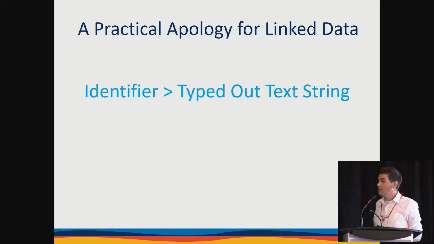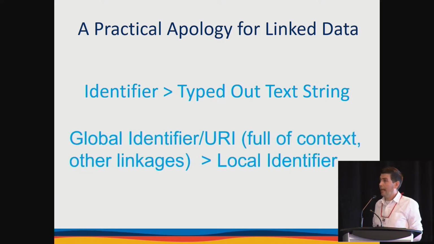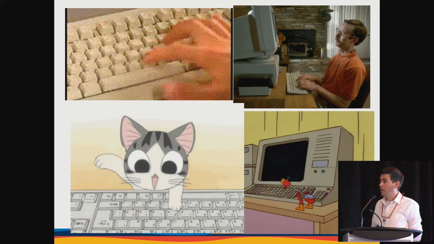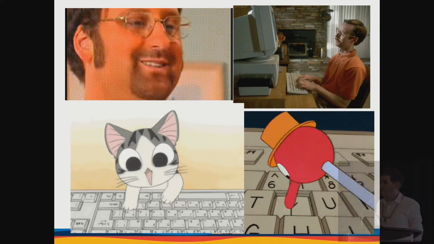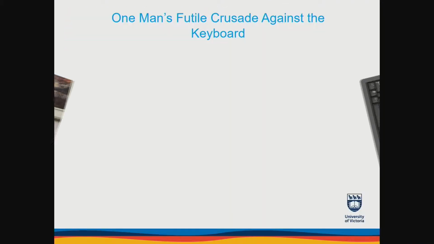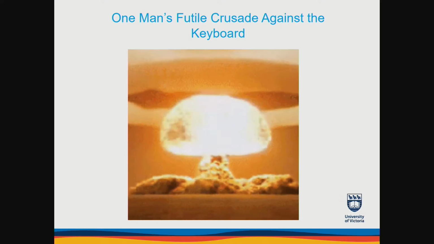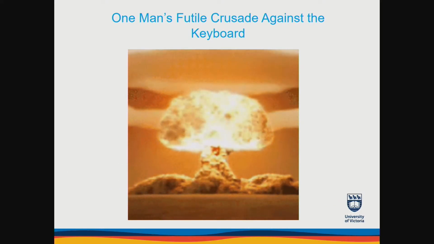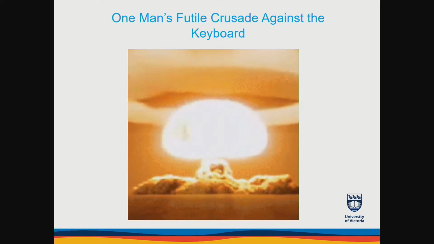In fact, I quite hate them whenever possible, so let's use identifiers as opposed to those things. And global identifiers or URIs full of context and other linkages is probably better than a local identifier. So again, trying to get rid of this whenever possible. And I understand this might be my personal and professional legacy, possibly. That's okay. I'm comfortable with that.